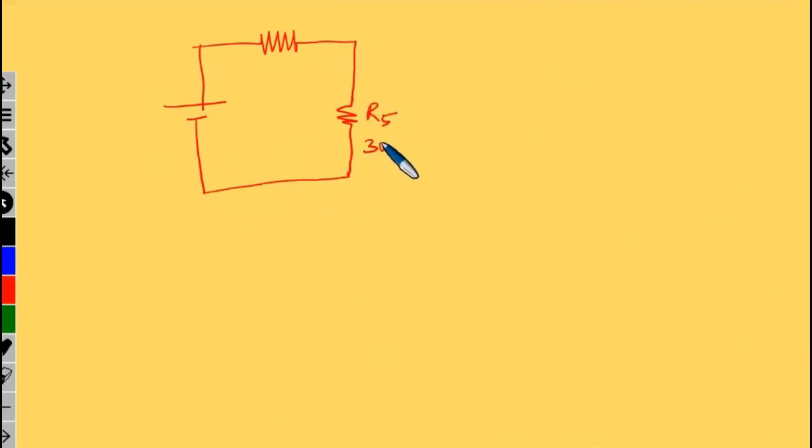So R5 is 30 ohms. This is what we are asked to find. This is your R Thevenin, whose value is 20.94 ohms. And this is your V Thevenin, whose value is minus 0.5 volts.